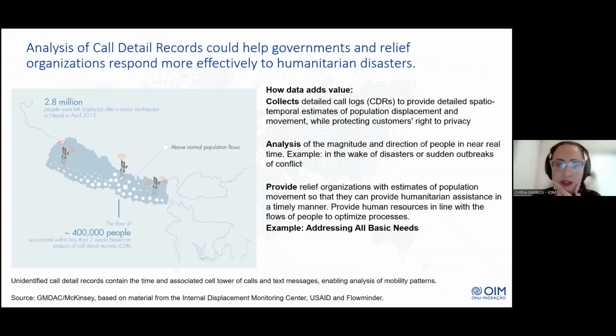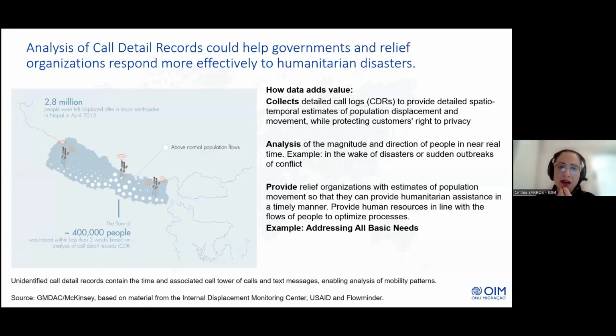CDRs are anonymized digital records collected by mobile network operators every time a network subscriber makes a call. Importantly, such records include information about the location of the calling and receiving end, approximated by the location of the cell tower to which the SIM card connects during the mobile phone call.